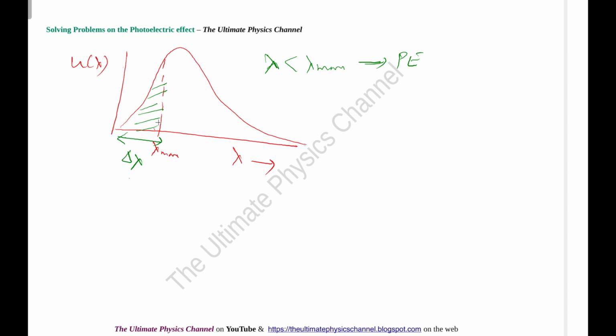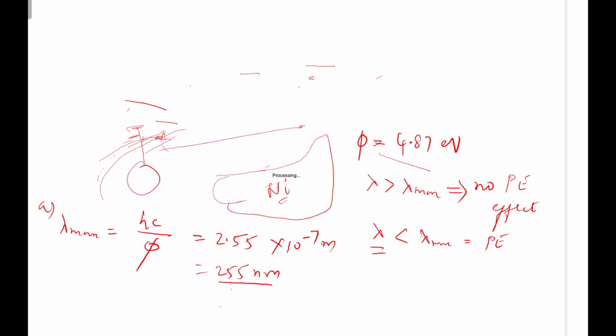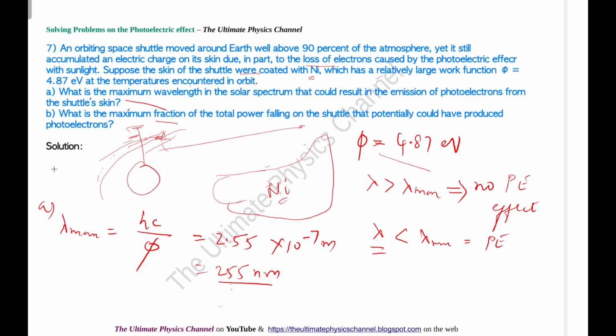And we have to calculate the area under this Planck curve, particularly this region, to get the fraction of the power, right? The maximum fraction of the total power is asked.